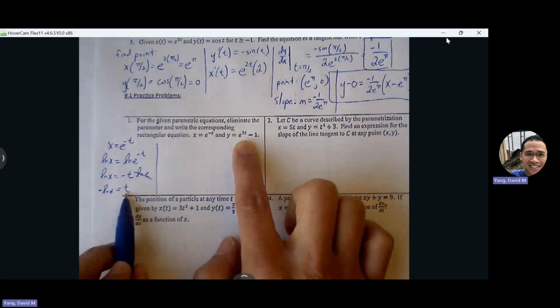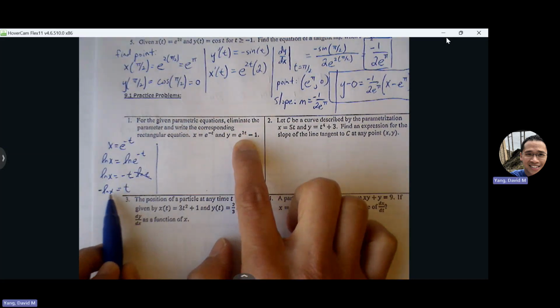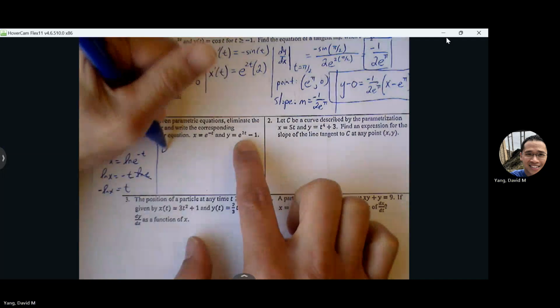So I have a replacement for t, which is negative natural log of x.